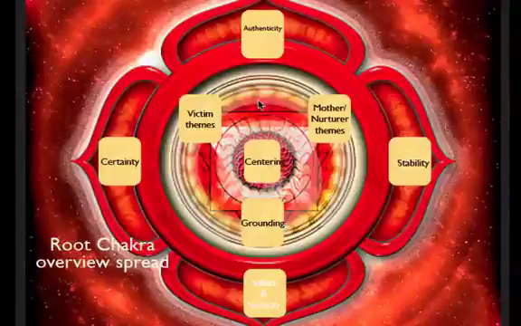So if the root chakra jumped out at you as an area that you would like to do more with, you would then maybe do a break and some restorative work, but then come back and do a root chakra overview spread as the next spread you brought forward.